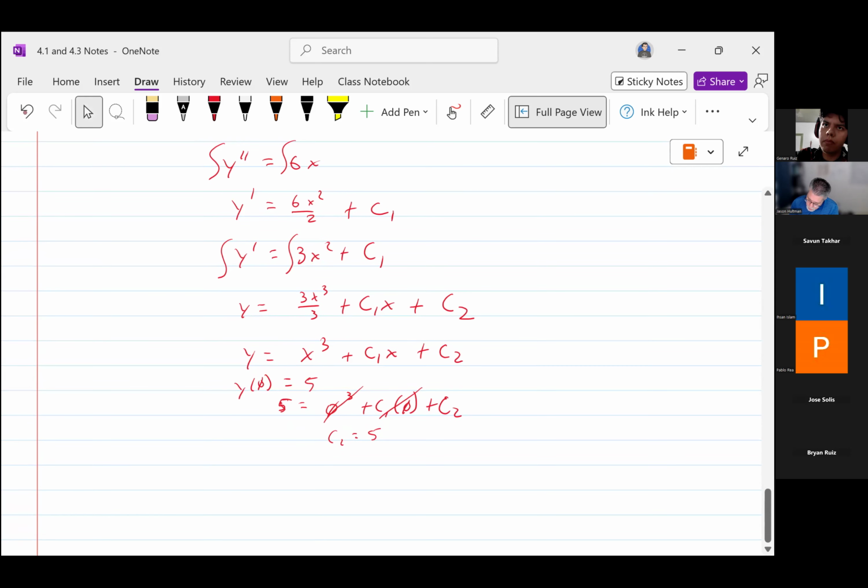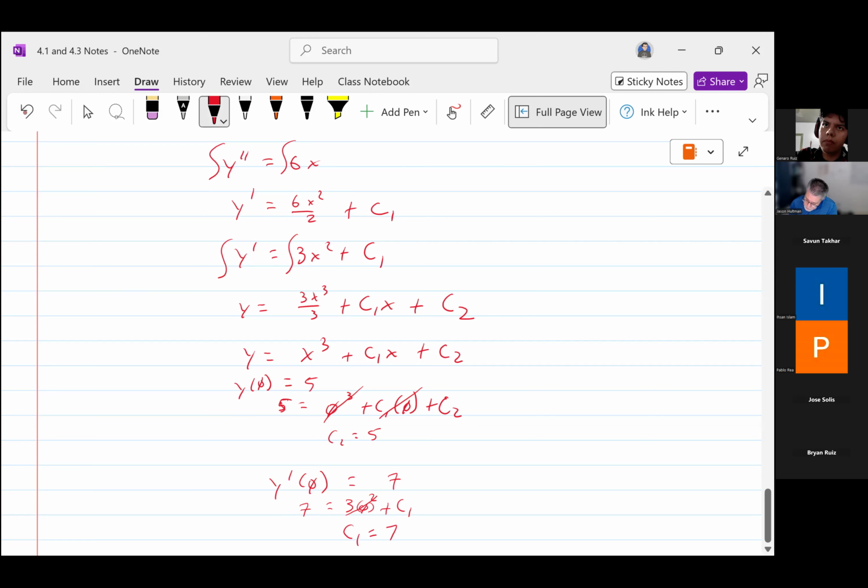Okay, what else do I know? Well, I know that the first derivative at 0 is equal to 7. Now, what was the first derivative? The first derivative was 3x squared plus C1. So if we plug in 0 there, that's going to go to 0. This has to equal 7. 7 is going to be equal to 3 times 0 squared plus C1.